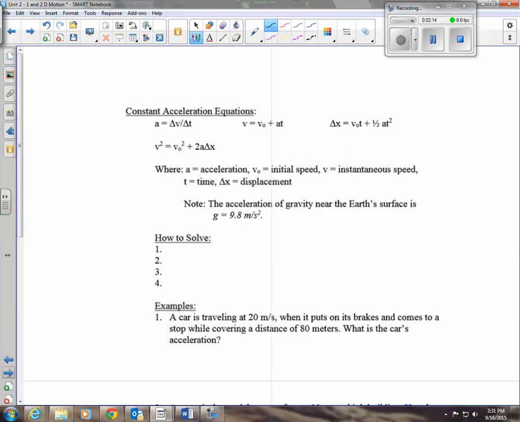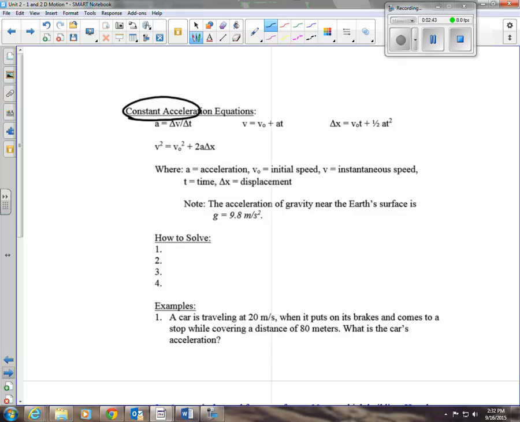Now, if we have constant acceleration, in AP Physics 1 or Regents Physics, all the problems we dealt with were constant acceleration. And eventually, in AP Physics C, we'll be dealing with changing acceleration. But as long as it's constant acceleration, I can use any one of these equations, and the symbols in these equations are given here. A is acceleration, V0 is initial speed, and so on.